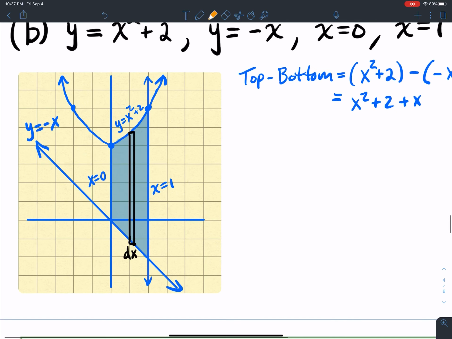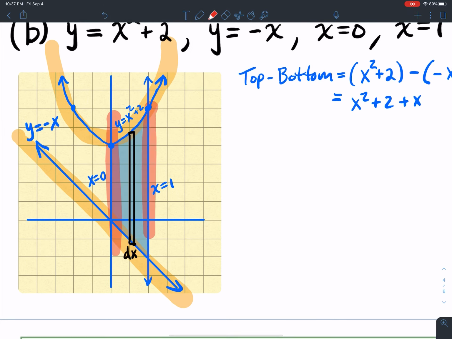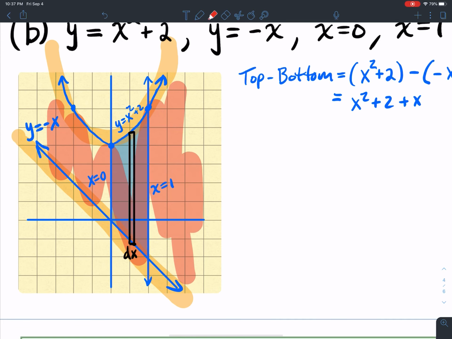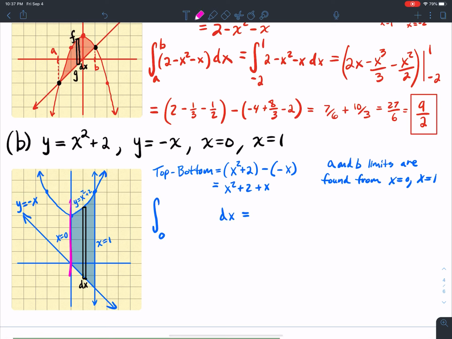The thing about this graph is f and g never touch. So unless you know these vertical lines here, there's no way you would be able to shade all of that in. There'd be an infinite amount of area there. No bueno. So I'm going to plug in 0, start summing my rectangles from 0, and sum them up to 1.